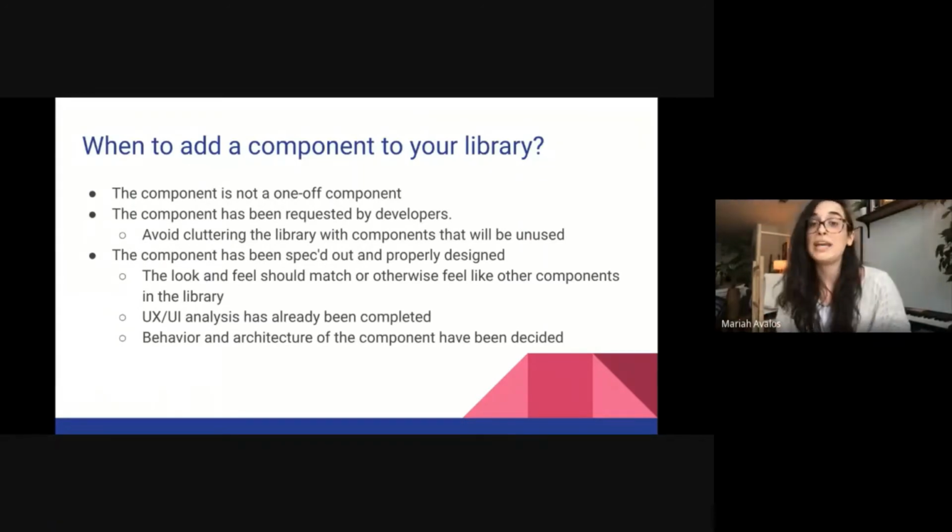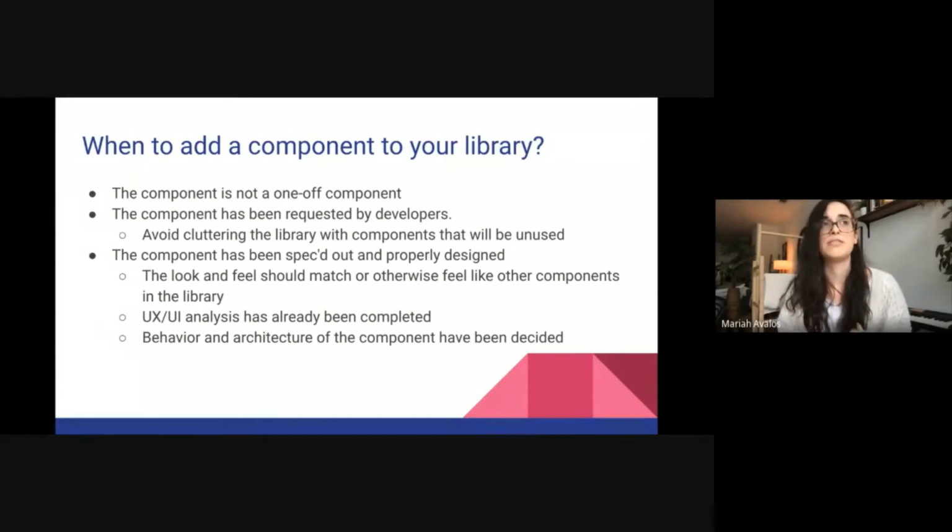If at some point that component gets requested by developers and by UX and by product, then we can go ahead and start talking about it and get a spec for it and start implementing it into our component library. But by adding a bunch of components that won't be used at all, like maybe nobody's ever requested a modal, so nobody will ever use the modal, nobody will want to use the image drag and dropper, we're cluttering our library, right?